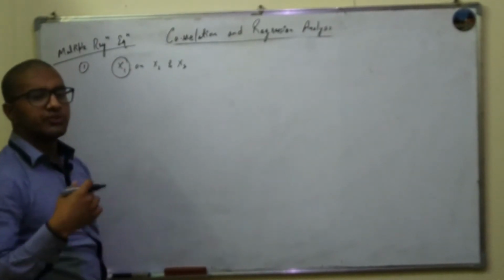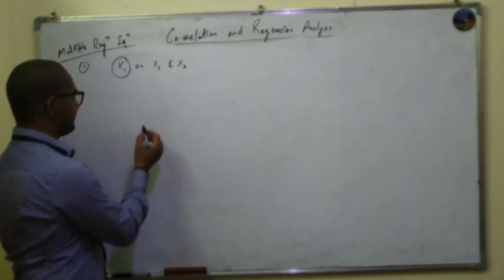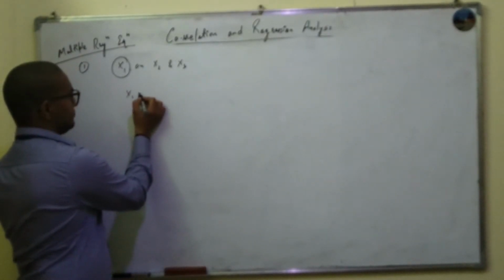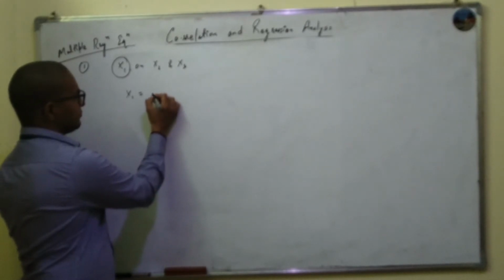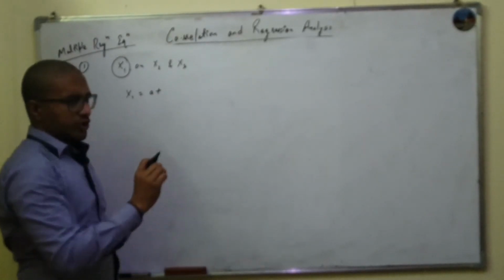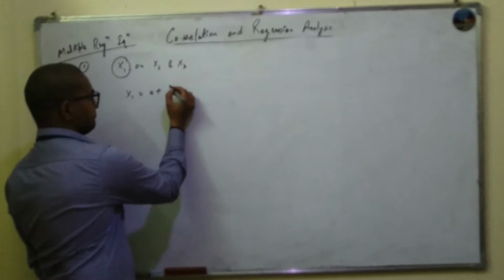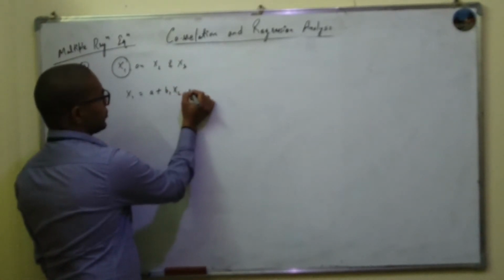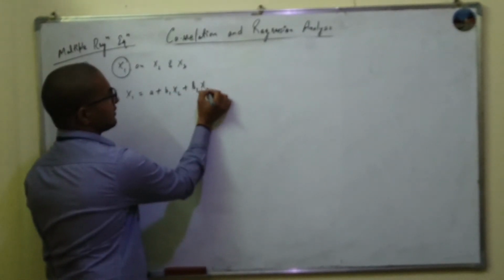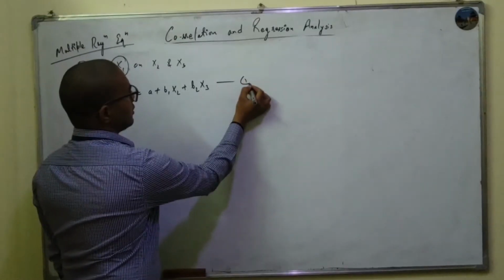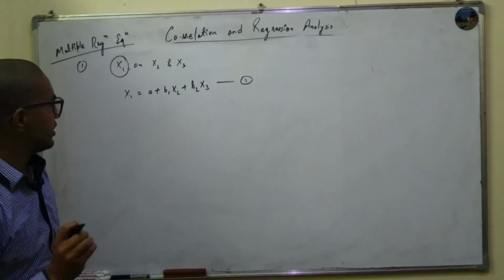So the first equation will be x1 equals a plus b1 x2 plus b2 x3. Okay, so this will be your first equation.